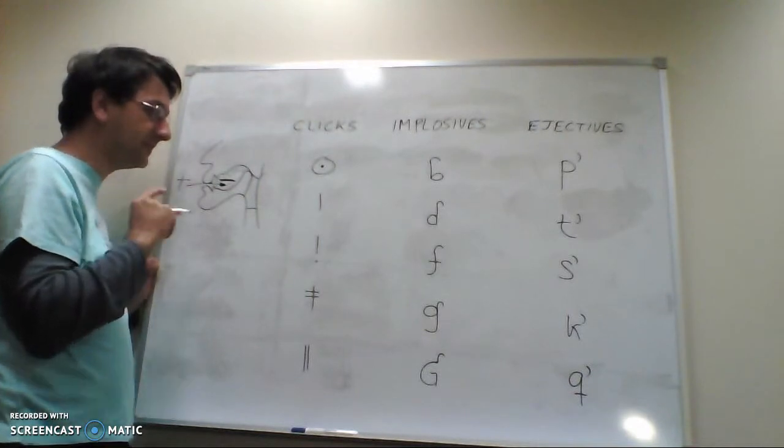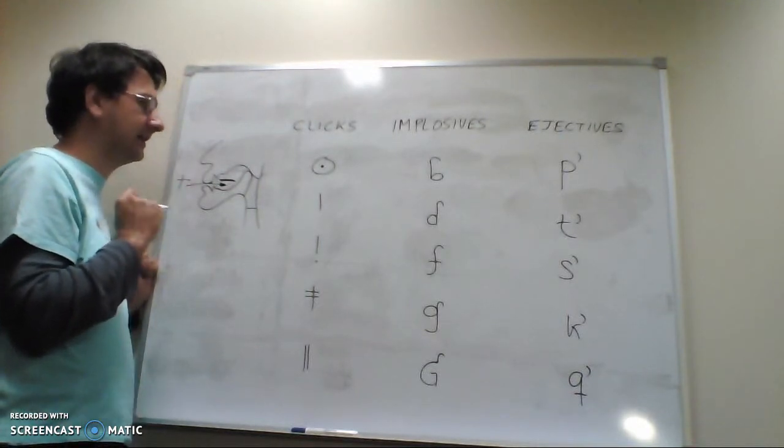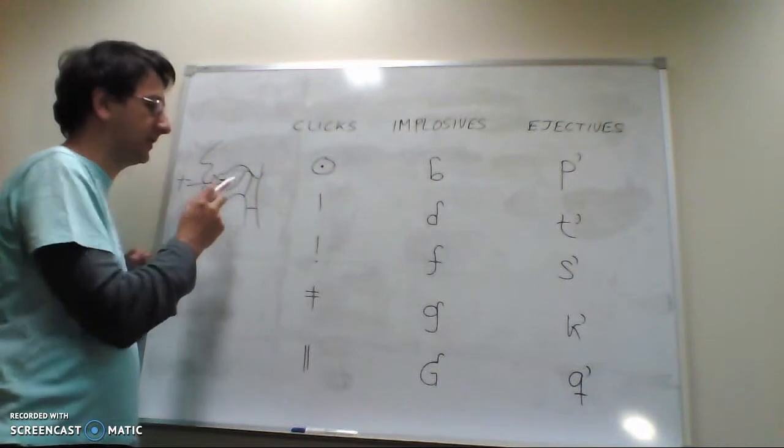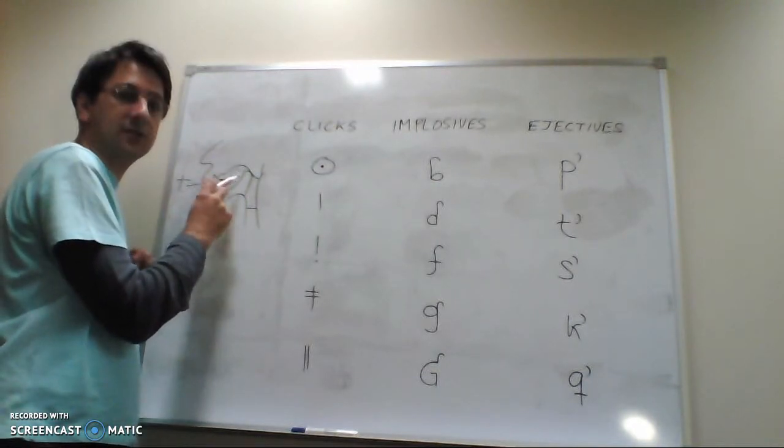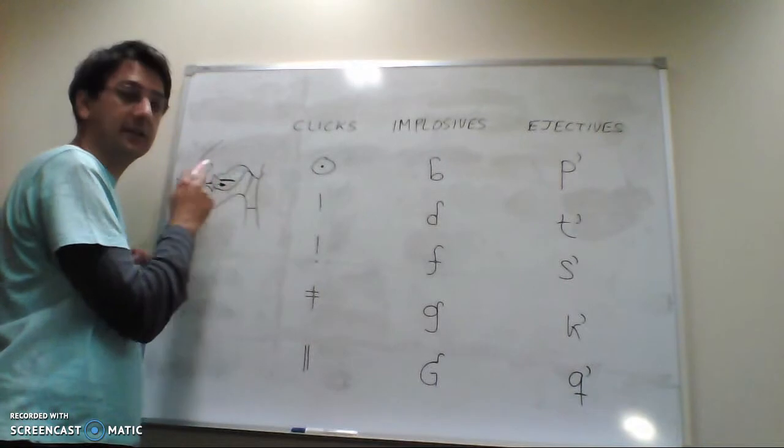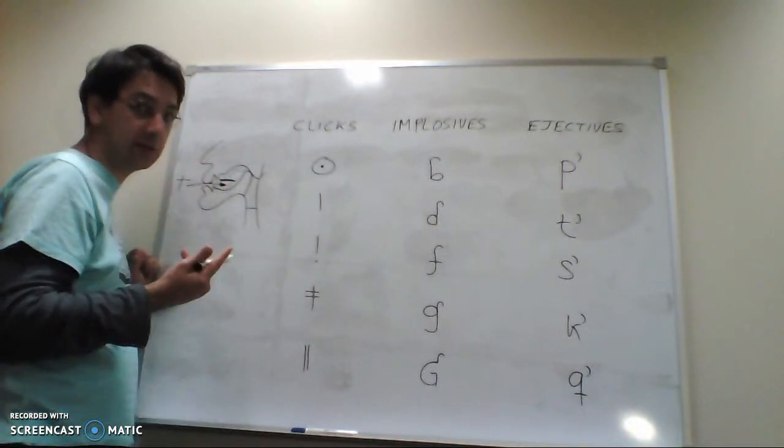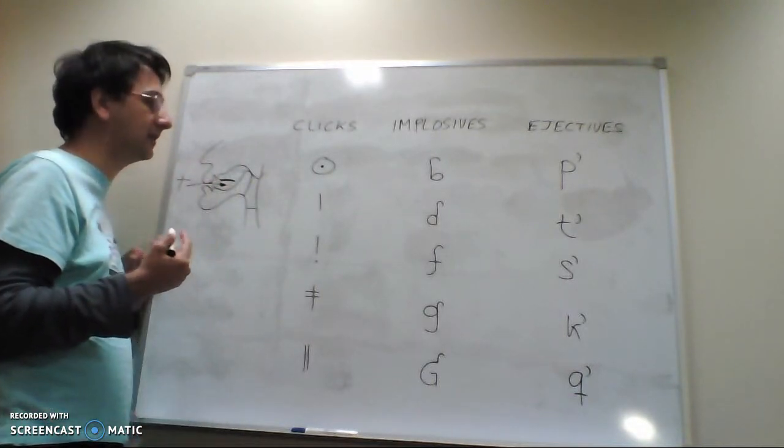Actually some clicks are produced with a back constriction in the uvula instead of the velum, so that could be a uvular mechanism for the airflow.